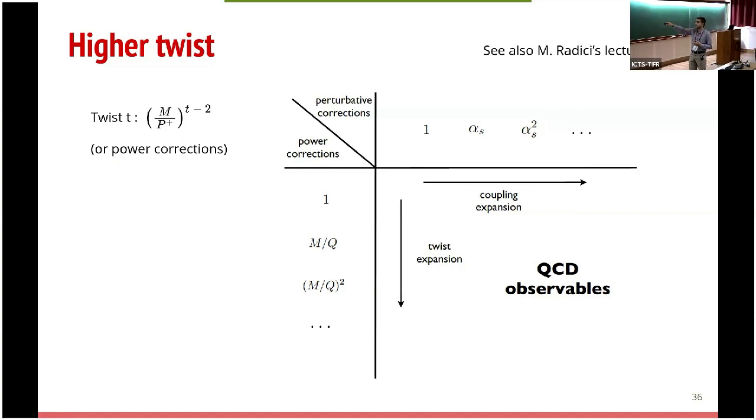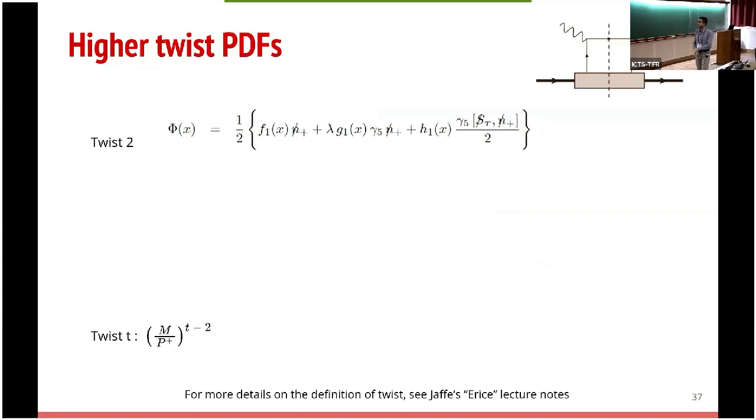This is much more complicated compared to the twist 2 case. Okay? So these two expansions are complementary, and in principle, you can go in one direction or the other. This direction is much more complicated than the other, but I argue that it's also much more rich from the physics point of view, and I'm going to tell you why.